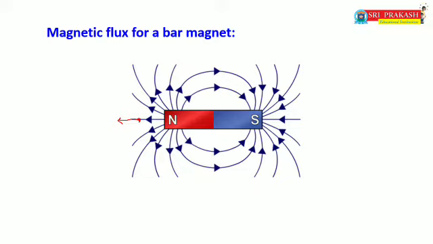That is why the lines of force enter towards the south pole. In the diagram you can clearly see lines of force, meaning magnetic flux, coming out of the north pole and reaching the south pole. This is the information about magnetic flux for a bar magnet.